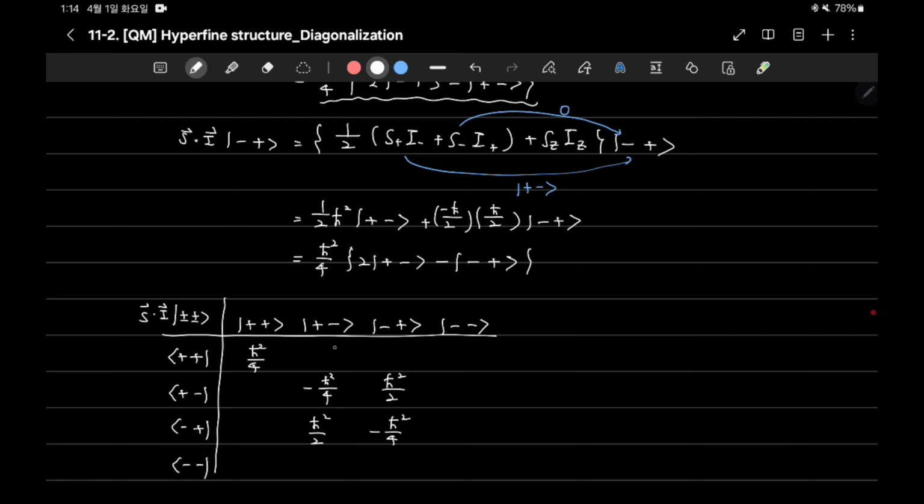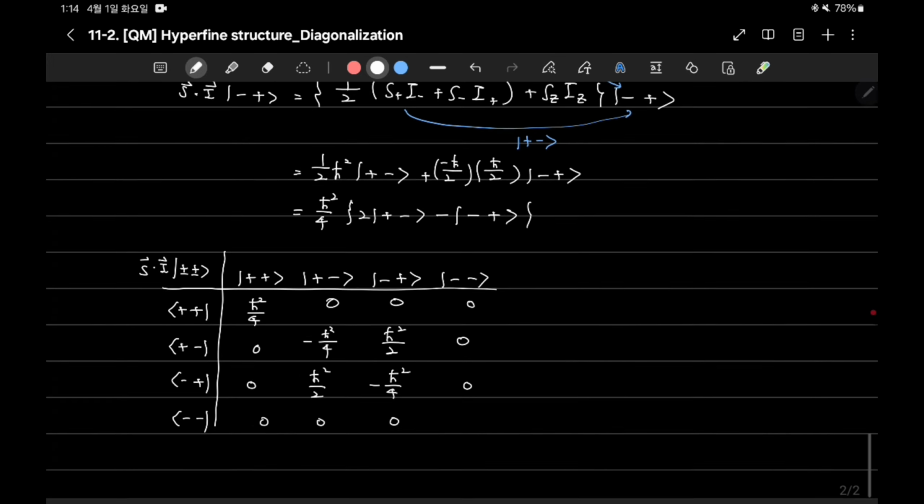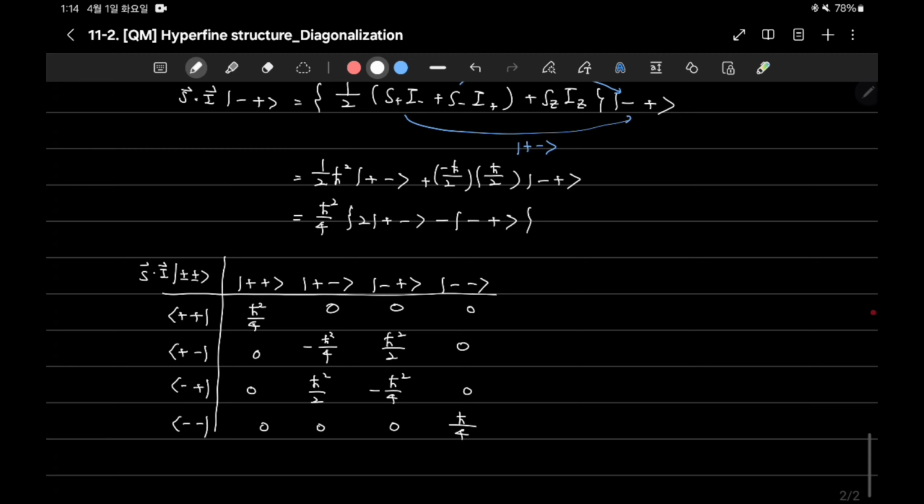So other things are 0 because of the orthogonality. And also the minus minus case is ħ².